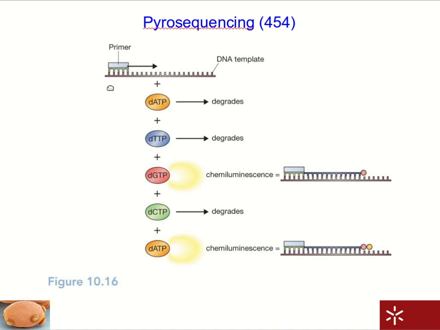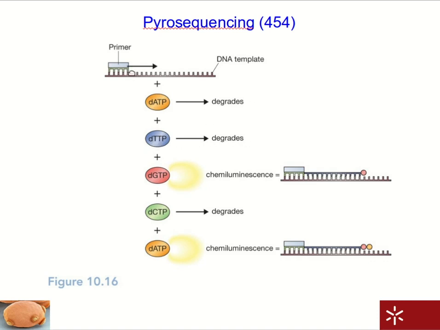In this example, we first add dATP to extend this primer. This one is not incorporated because it's not the correct nucleotide, and it will be degraded in a subsequent step. dTTP is then added.